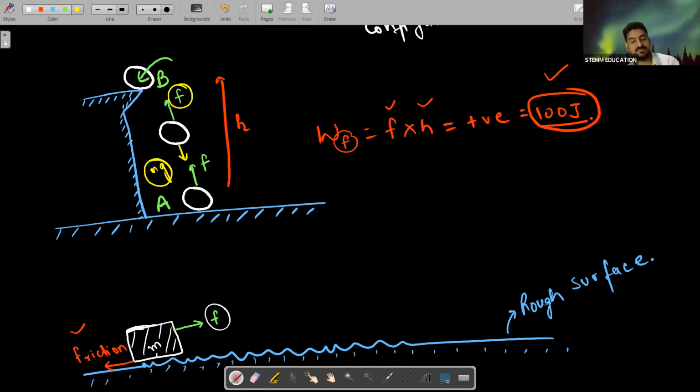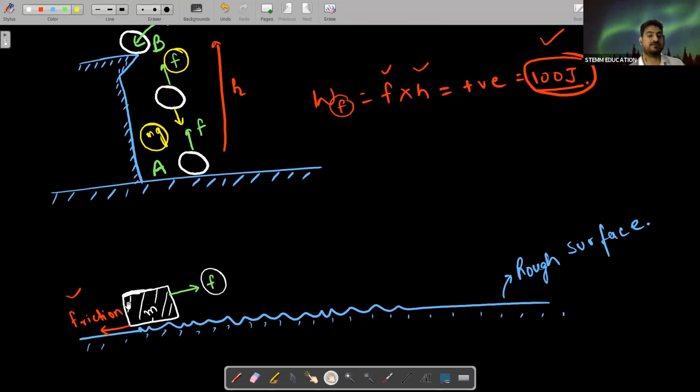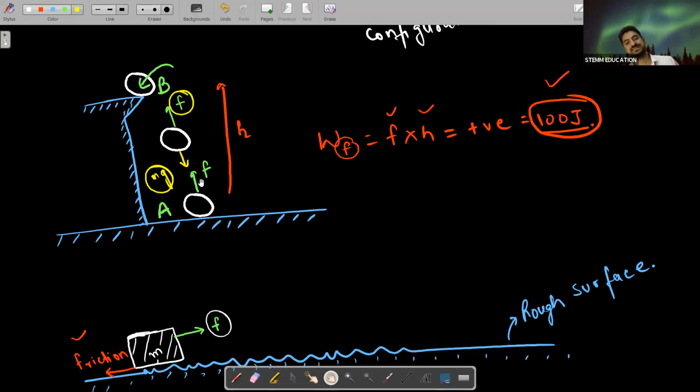The Earth's gravitational pull is trying to stop this ball from going to the top of the tower. As opposed to this mg force, here we have a friction force, and this friction force is trying to stop this block from moving over this rough surface. So clearly in both cases, the external agent is applying force on a body, and another force is trying to stop the external agent from moving that body.